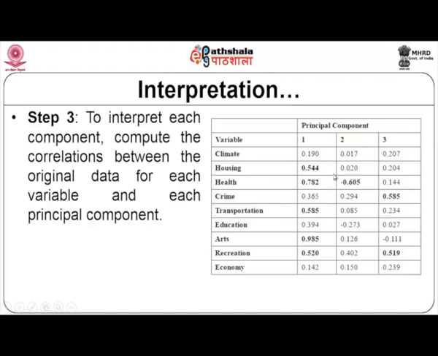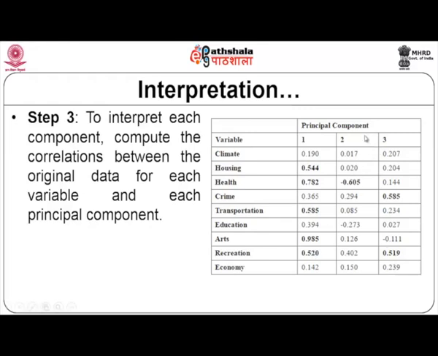Along the first principal component, you can find a few of the attributes like housing, health, transportation, arts and recreation by means of their higher value. So, 0.54, 0.78, 0.5, 0.9, 0.5, these are the attributes that have higher value. It means these 5 values together can help in understanding whether a place can be rated first or not.